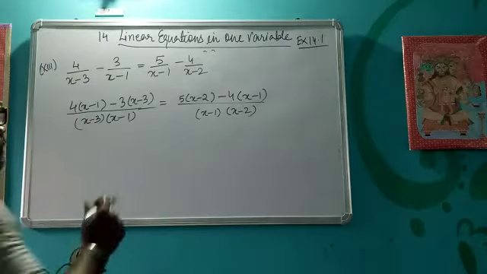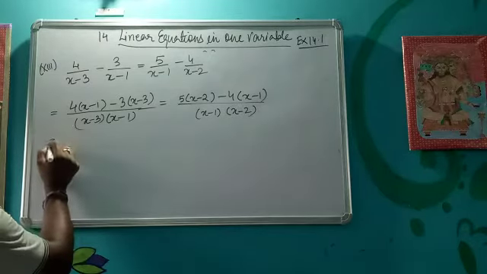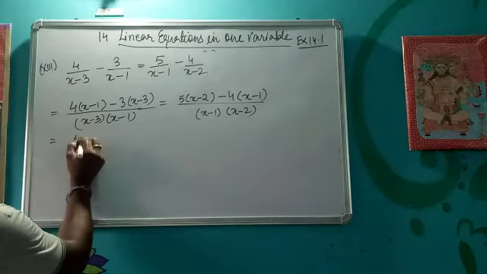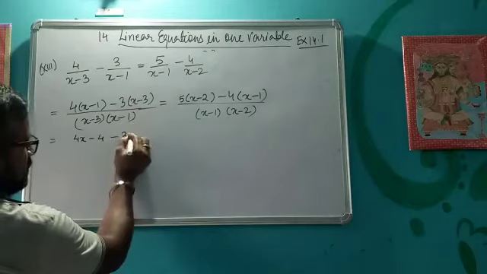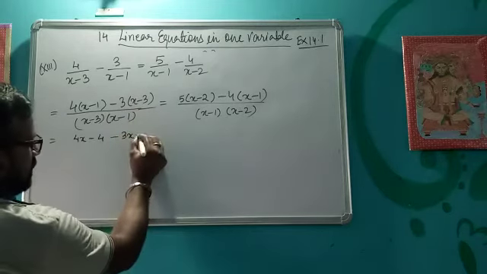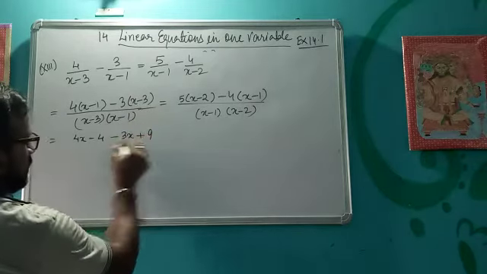Okay, so let's simplify it. So it is 4 into x minus 4, minus 3 into x minus 3x, minus minus plus 3 into 3 is 9.